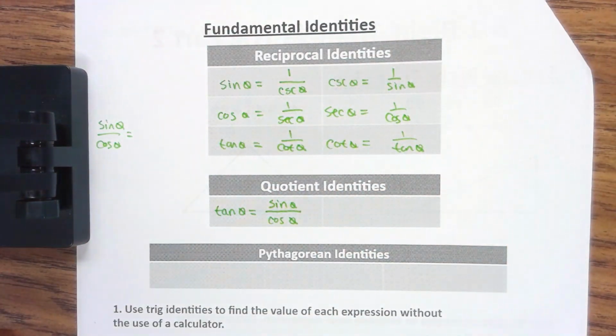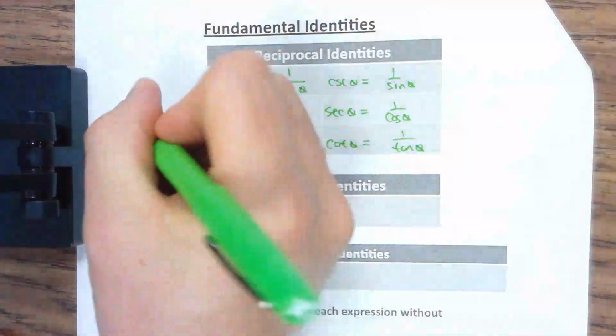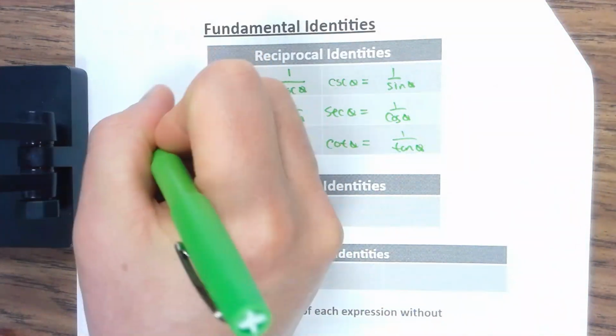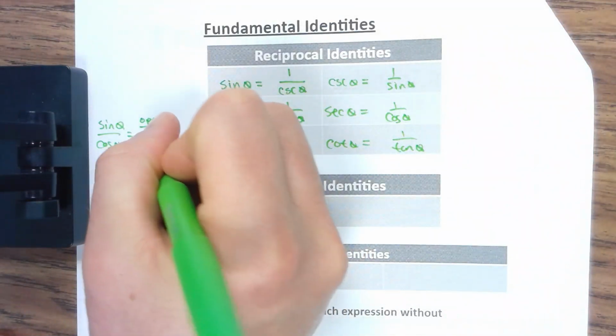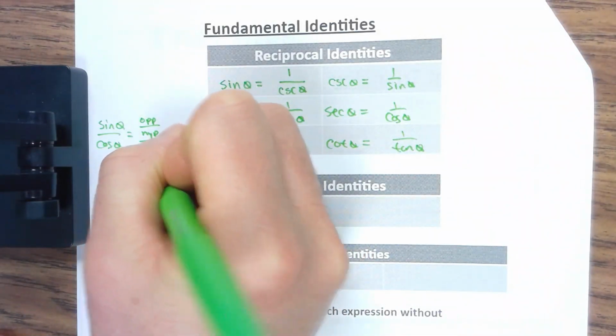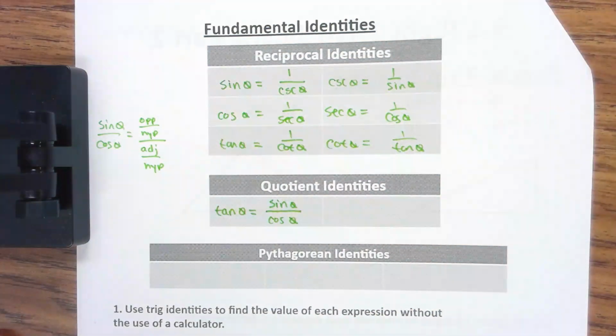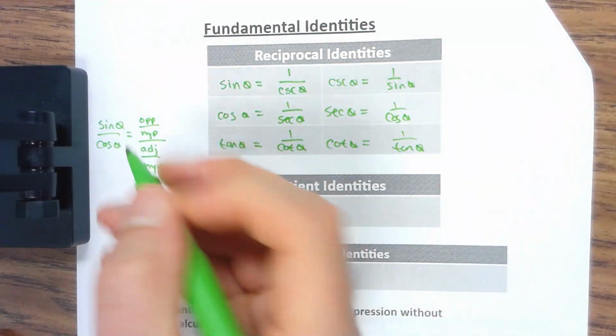Well, in terms of the right triangle, sine is the opposite side over the hypotenuse. Okay, so that's just sine. Cosine is the adjacent side over the hypotenuse. And so now when I do this division, I have one fraction divided by another.